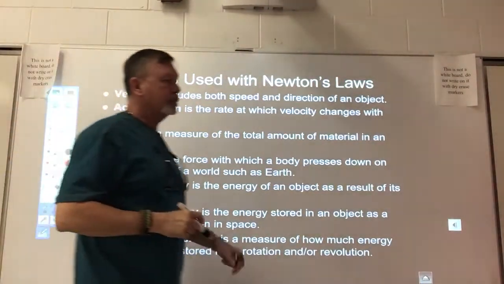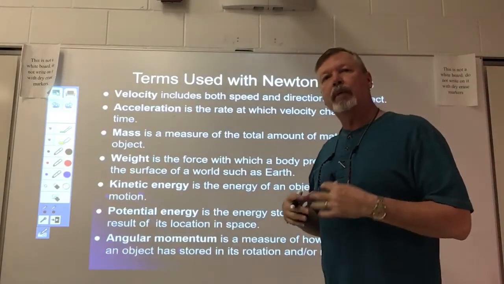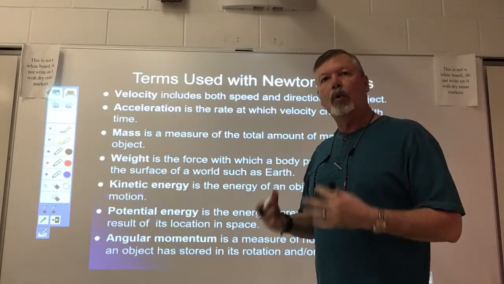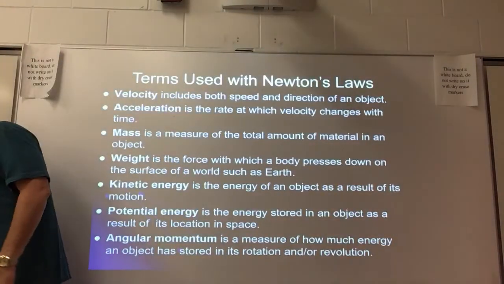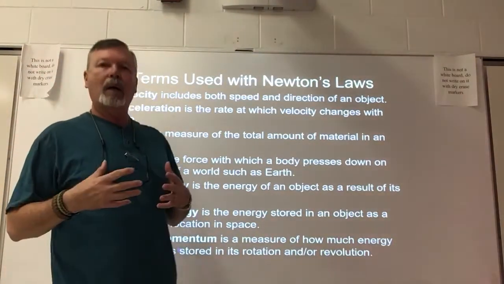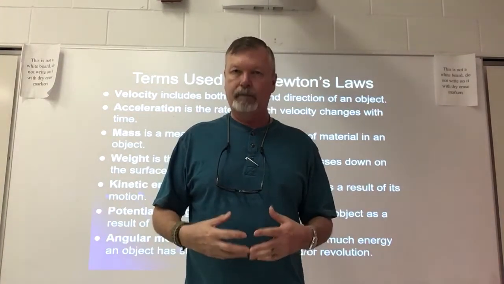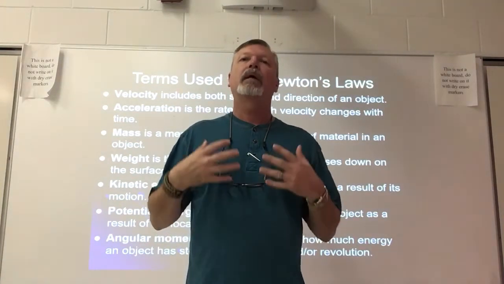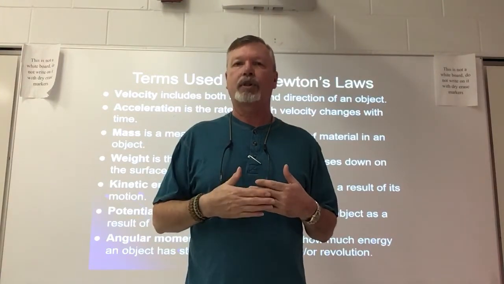Angular momentum. Before we talk about angular momentum, we have to talk about something we call linear momentum, normal momentum. Momentum is a measure of an object's resistance to change in its motion.